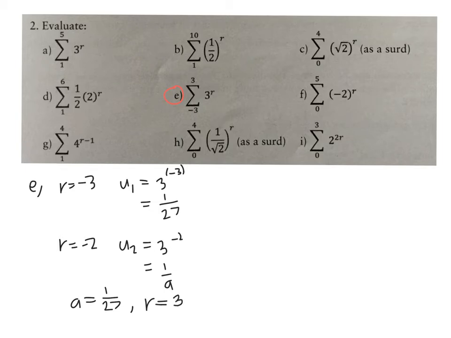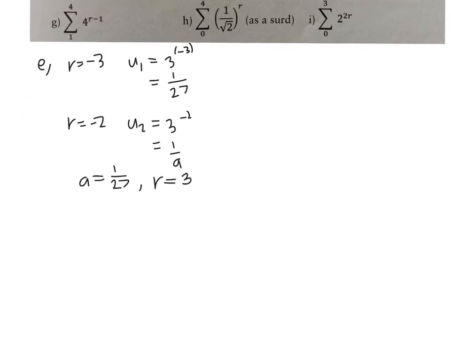And then to find the sum of the series, we can use the formula. The sum Sn is a(1 minus r to the power of n) divided by 1 minus r. And then we would have from -3 to 3, which is actually 7 terms, u1 to u7.